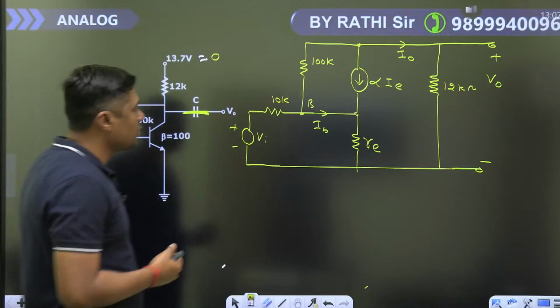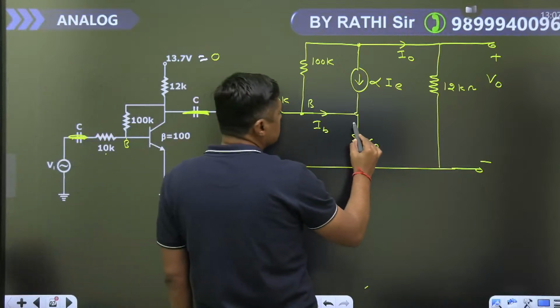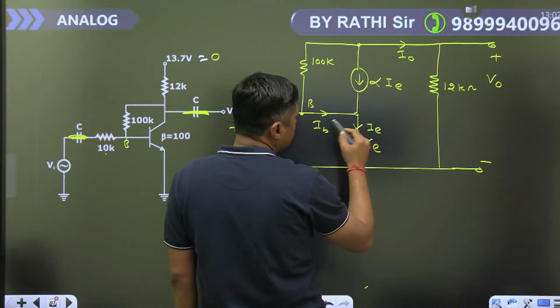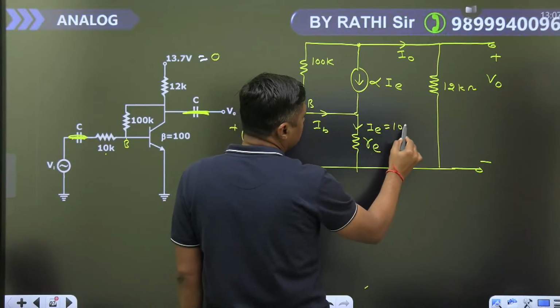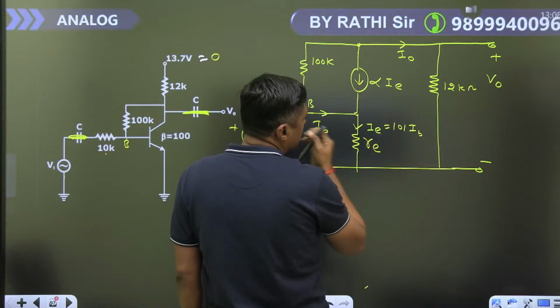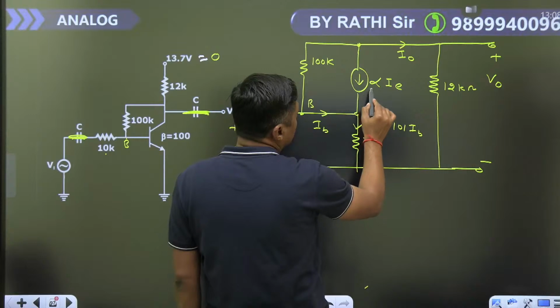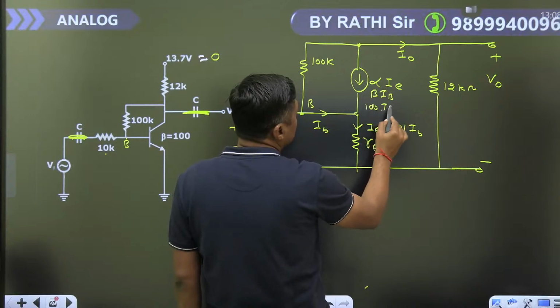Let this current be I. I is nothing but 1 plus beta times IB, that is 101 times IB. Alpha I is also called beta IB. So what is this? 100 times IB.